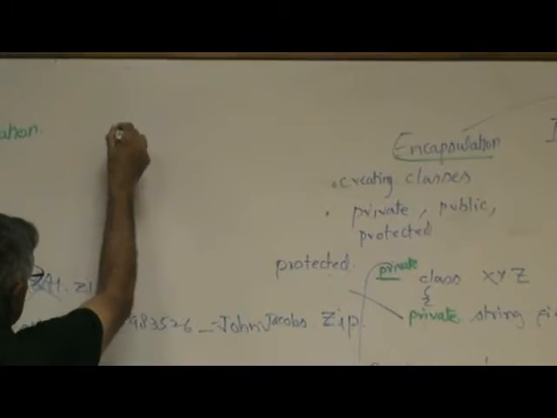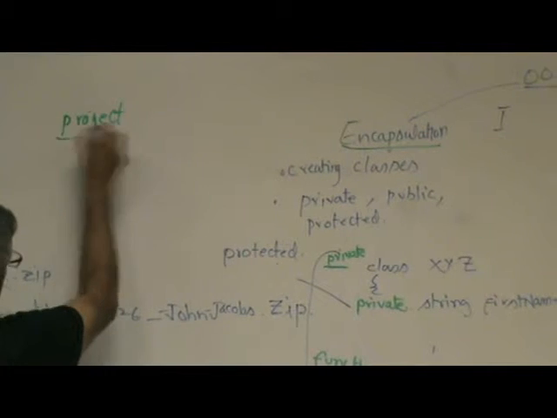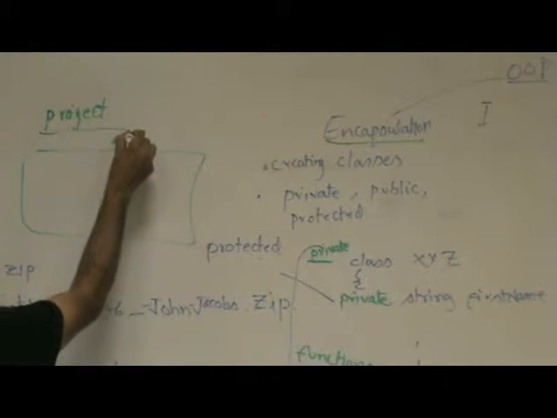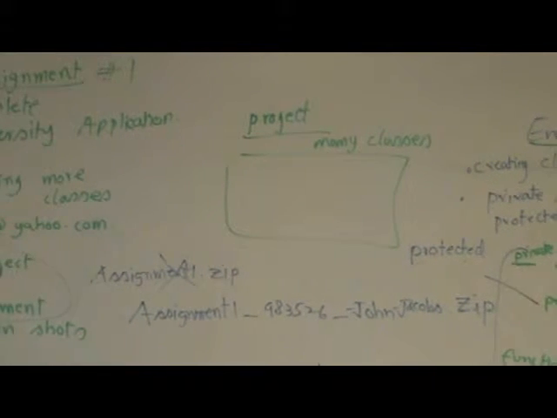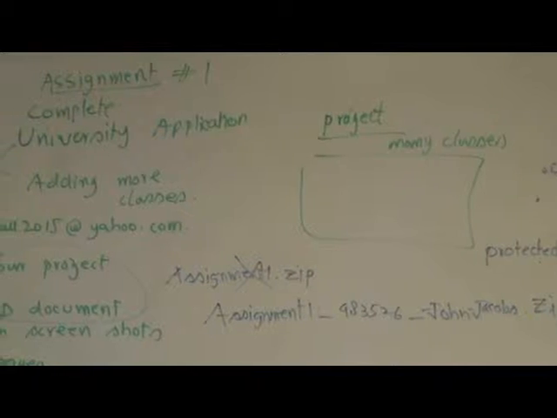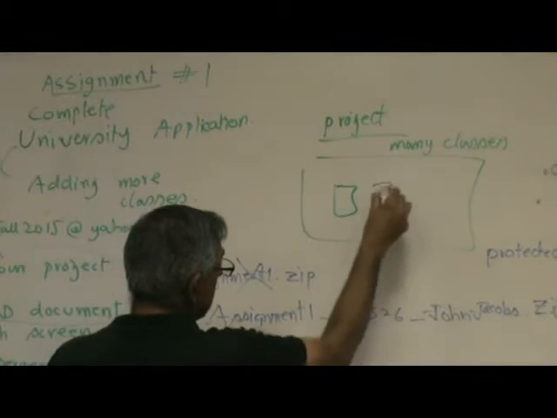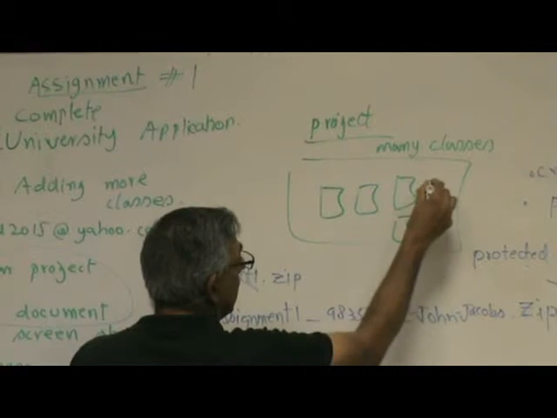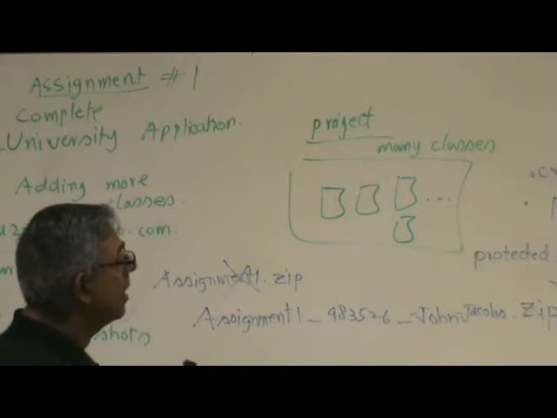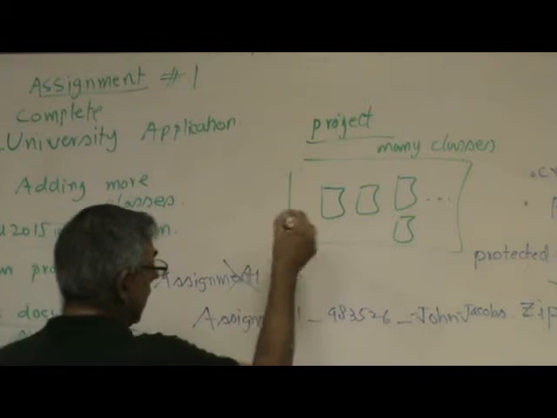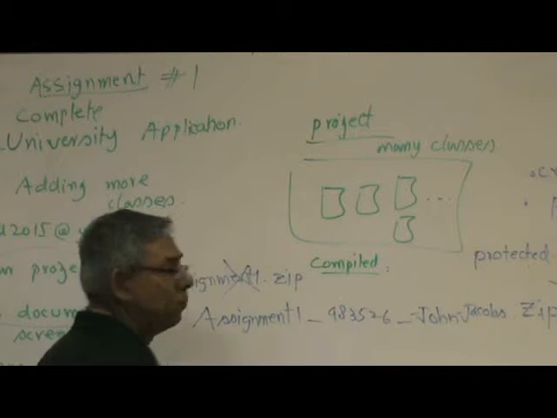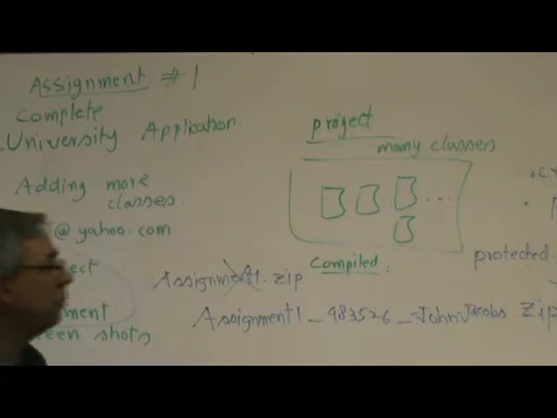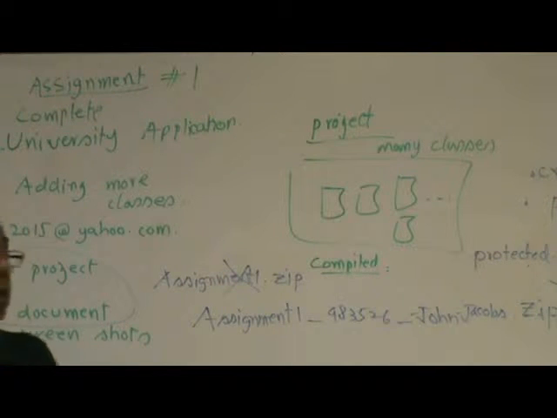When you create a project, you'll be creating many classes, right? For example, let's take a look at our university assignment. You are creating student, grad student, and so on. All these classes, however many you create, are compiled, and once they get compiled, they go into a single file, which is the exe, the executable file, or sometimes if we compile it as a library, it could be in a DLL file.